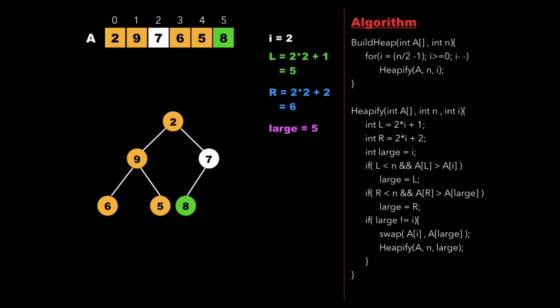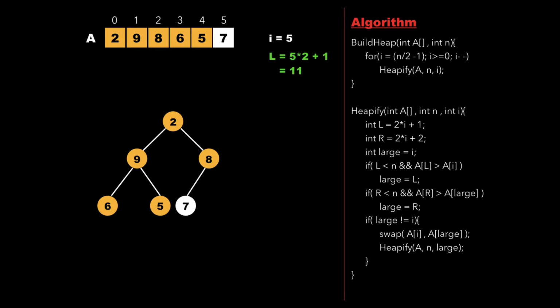And again we check if R is within the boundary of n, that is, we check if R is less than n. Since R is not less than n, we move further and compare the values of large and I. Since the values of large and I are different, we swap the elements 7 and 8 and again call the heapify function with the value of I as large. That is, we call the heapify function with the value of I as 5.